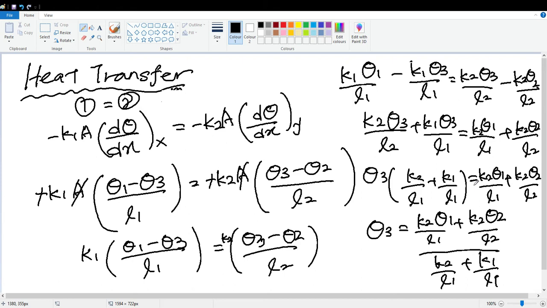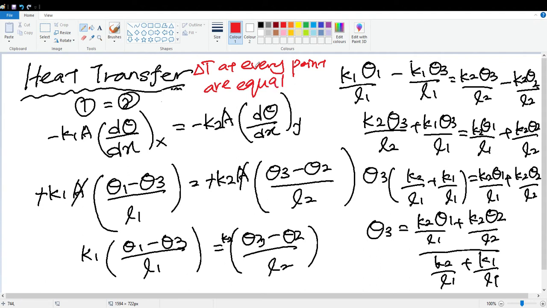Basically this is how we derive the temperature of the junction. Have to note that the temperature difference at every point are equal.